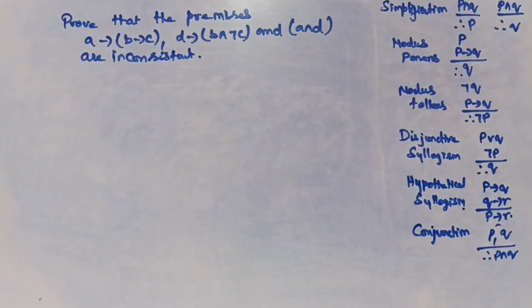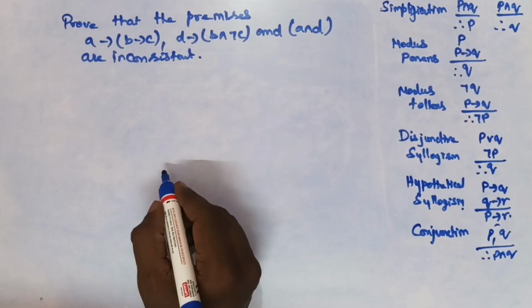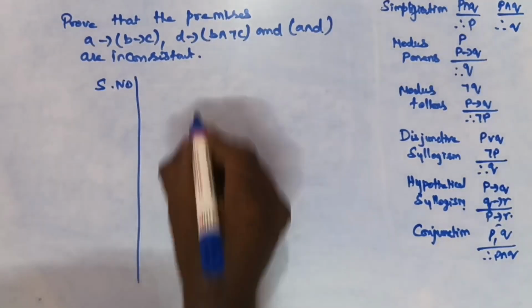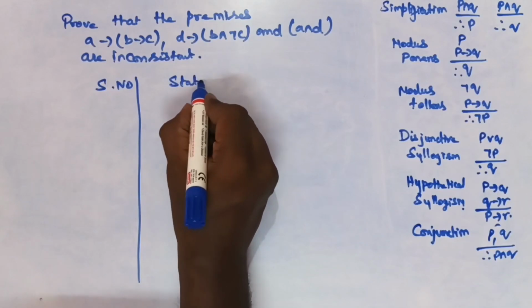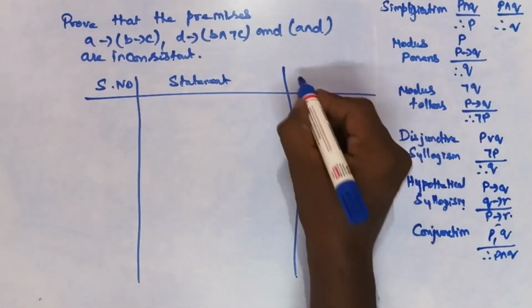So this is all inconsistent. We have to prove finally false. Serial number, statement, reason.